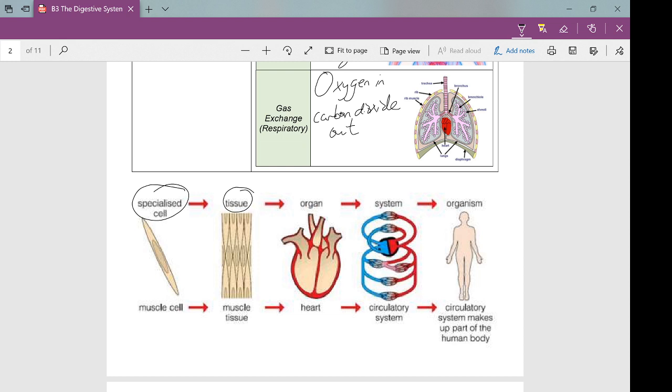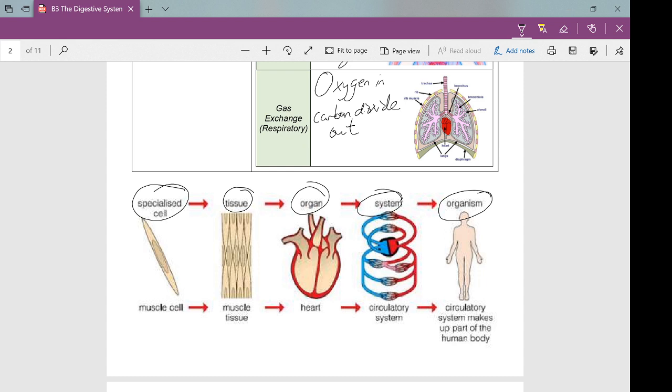When you have different tissues working together for a specific function, you have an organ. Different organs working together make an organ system. And then finally, all of the different organ systems working together combine into an organism, which is what we call a living thing.